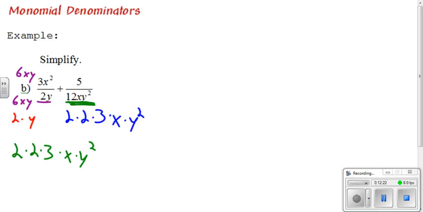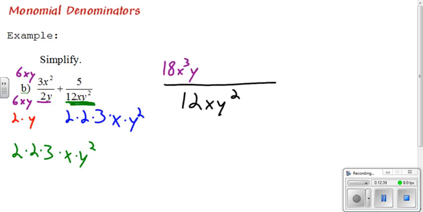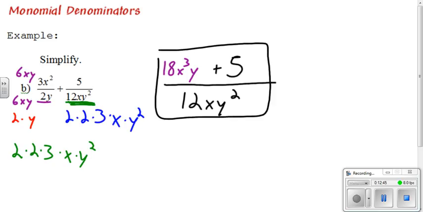So we're going to write this out as 12xy squared on bottom. 6 times 3 becomes 18. There's already an x squared, so when we times x, it becomes x cubed, and times our y, and still plus 5. So in the end, this is now our simplified expression, our simplified rational expression.